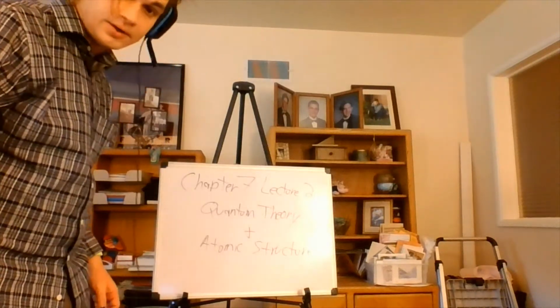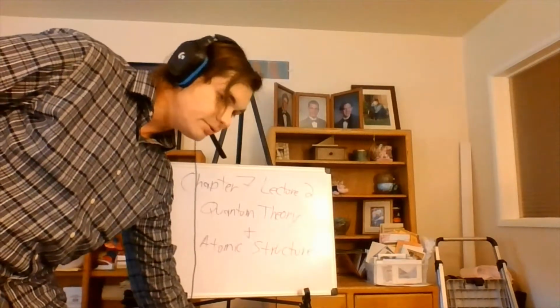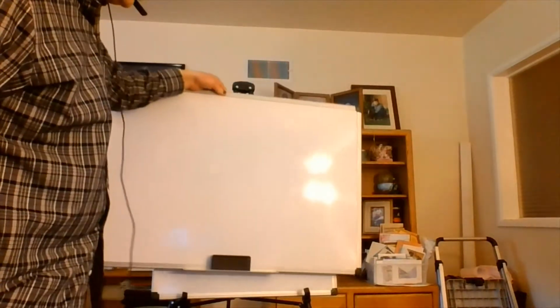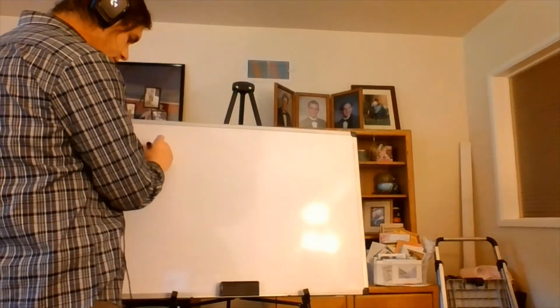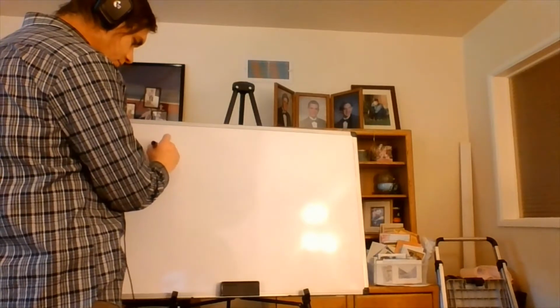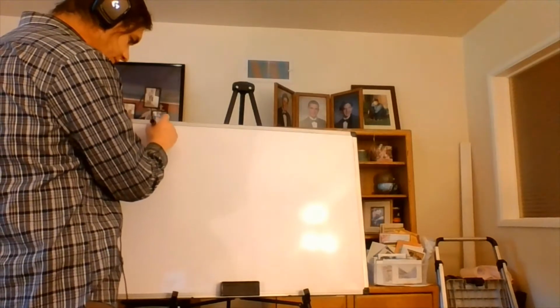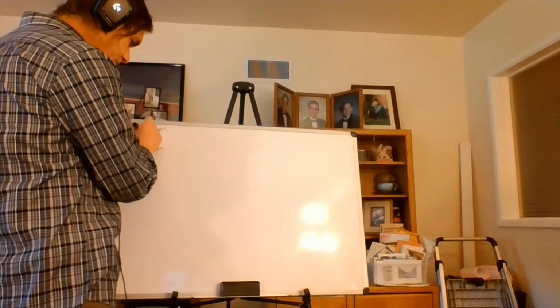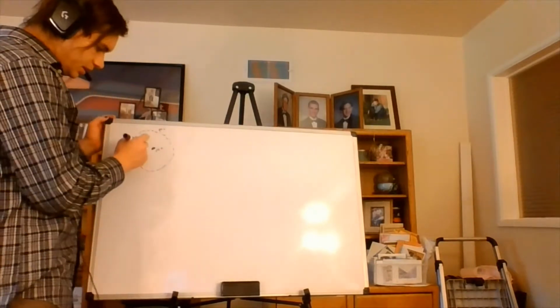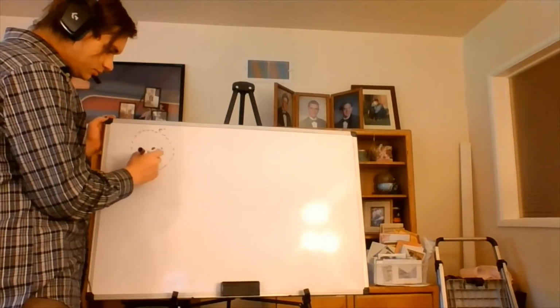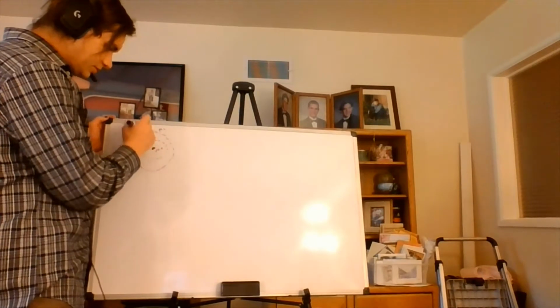All right, so here's lecture 2 of chapter 7, Quantum Theory and Atomic Structure. Now, where we left off, we had a couple of concepts. One was that an atom with one electron around it had that electron orbiting it and had only very specific orbitals available to it.